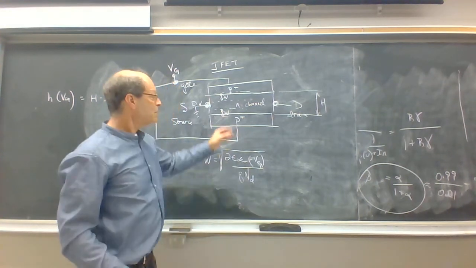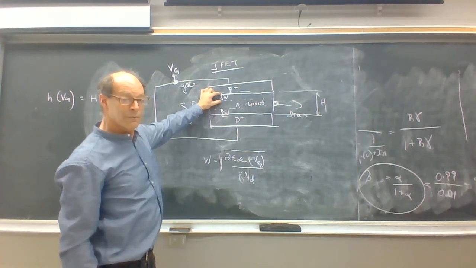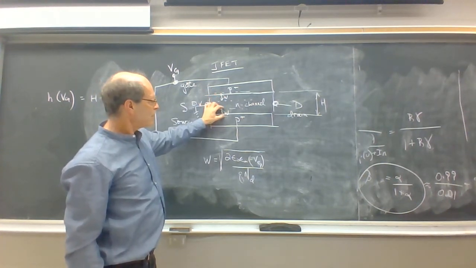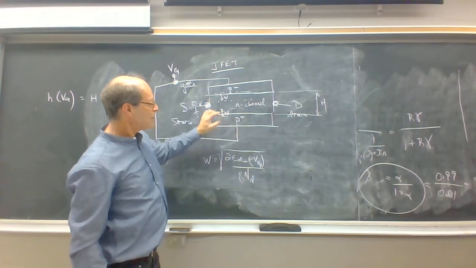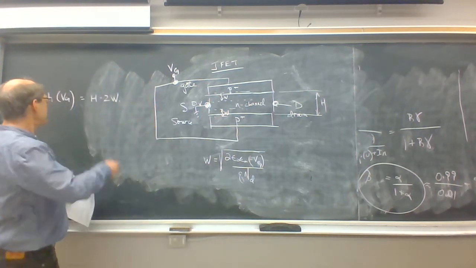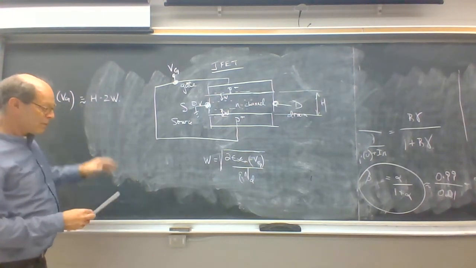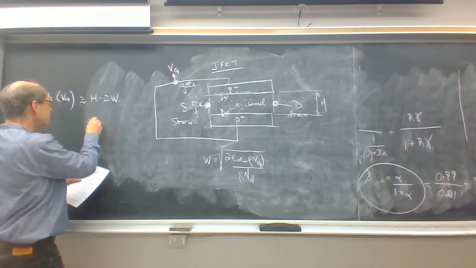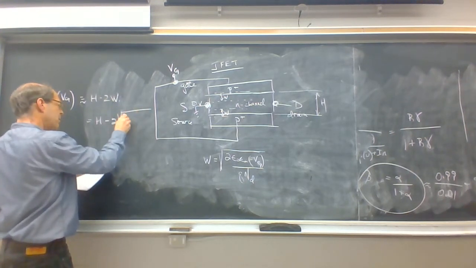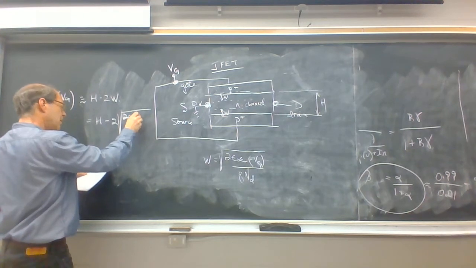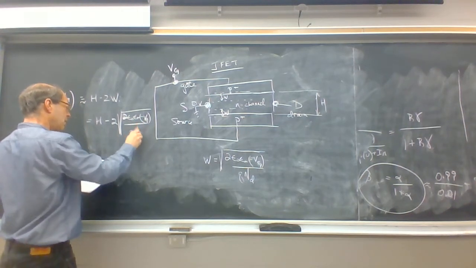Once you subtract the depletion regions, assuming W is virtually all in the N layer, you can neglect the small amount of W extending into the P layer, and you can approximate that the thickness of the channel is H minus 2W, which equals H minus 2 square root of 2 epsilon naught epsilon r times minus VG over q ND.